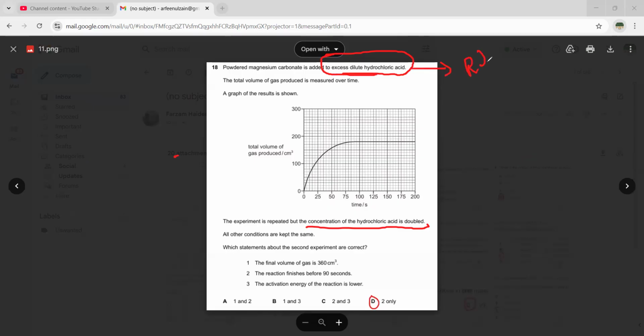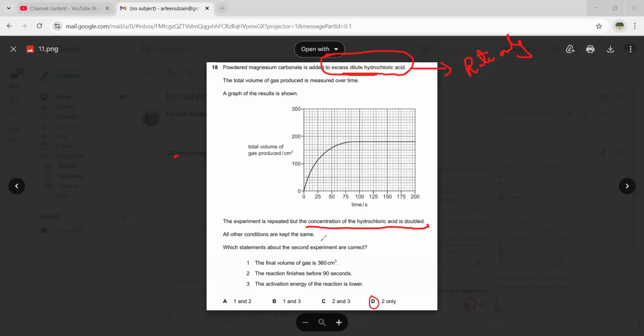It will only affect the rate, but it will not affect the amount of product. It's already in excess. It's more than enough that you need. So even if I triple the concentration, the rate will be faster, but the amount of product will not change because you're changing an excess reagent. If you change a limiting factor, it will affect the rate as well as the amount of product.